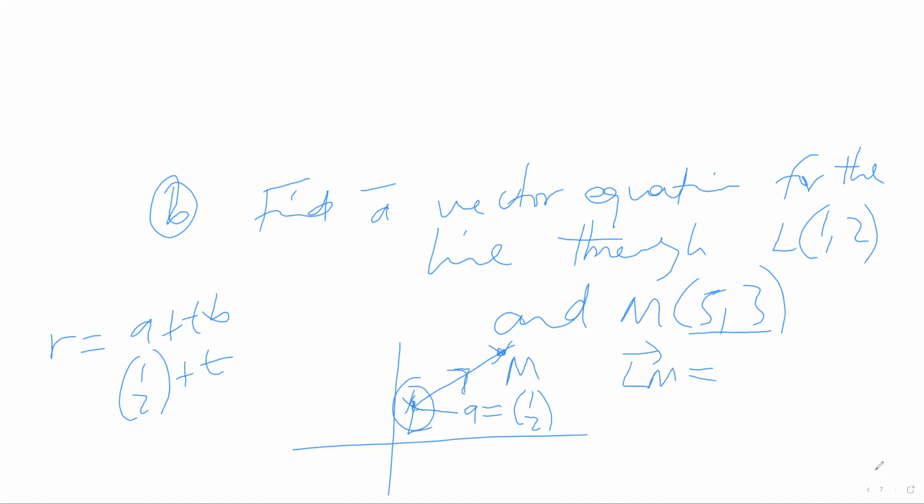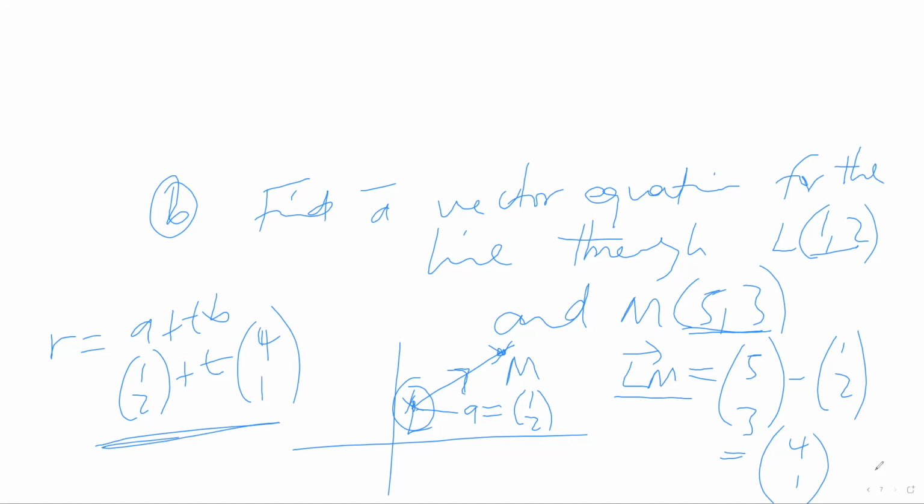We know how to get this. We're just subtracting this minus that. So we're just saying (5, 3) minus (1, 2), which gives us (4, 1). So this is (4, 1), and that's the equation we needed to write.